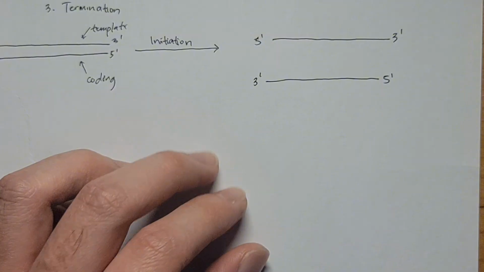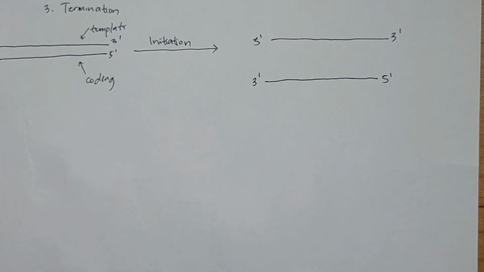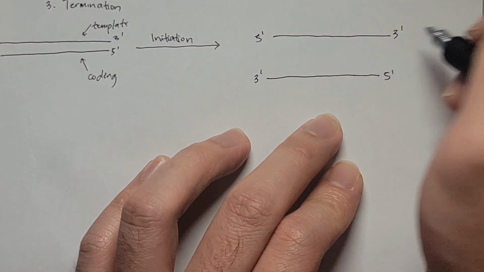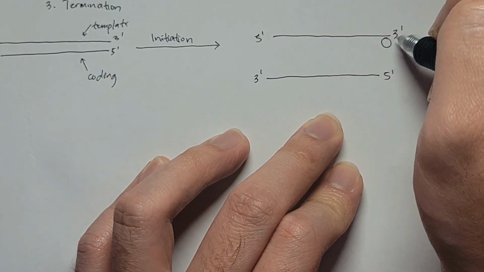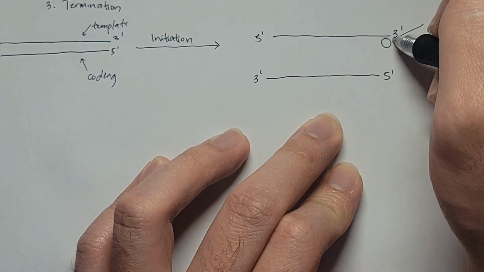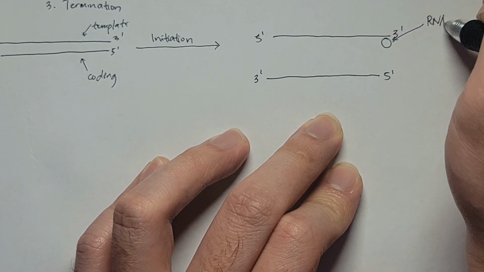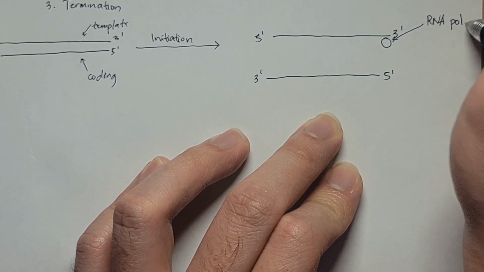They will be opened up using a helicase enzyme, or sometimes RNA polymerase itself has helicase activity. And then comes the recruitment of the RNA polymerase itself. So let's say it was recruited around here, because remember, we always make from 5' to 3'.